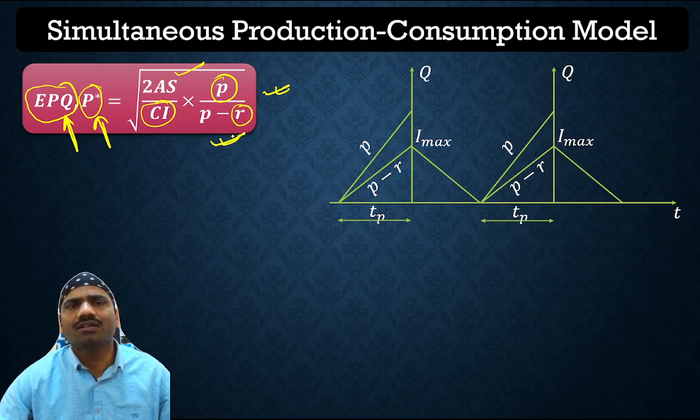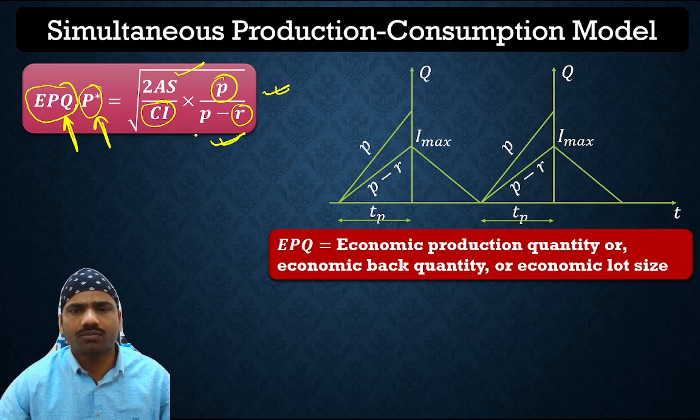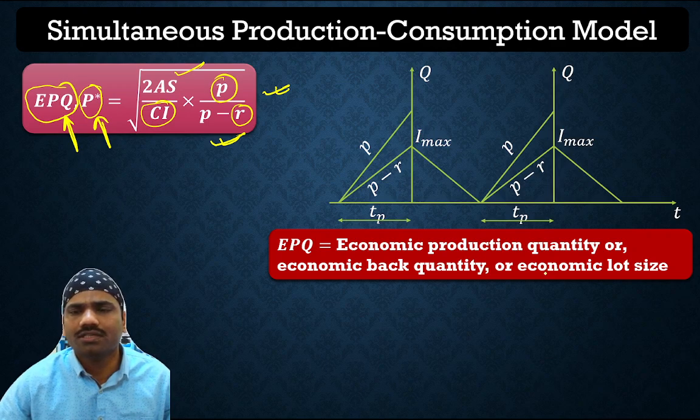EPQ is also known as the economic batch quantity or economic lot size. If we produce this size, we will have maximum profit with the same setup.